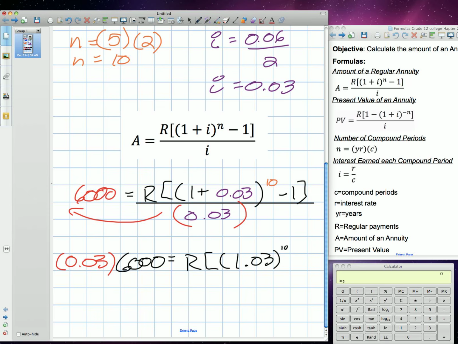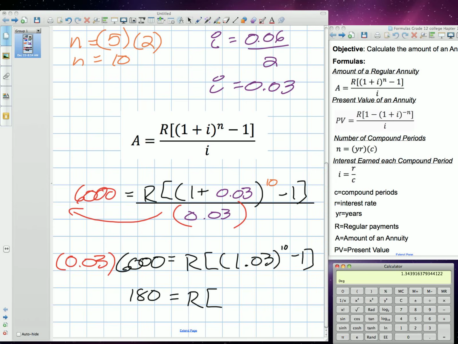Okay, so we're going to calculate that number on the side, 6,000 times 0.03, 180. So we get 180 is equal to R. And now in these brackets, I'm going to equate 1.03 to the power of 10. So 1.03 to the power of 10. Equate the number there. Who can read that to me?